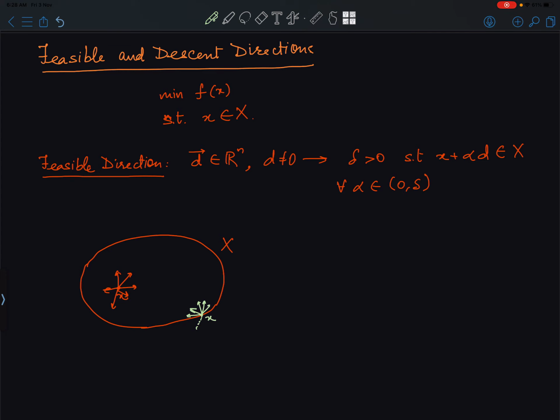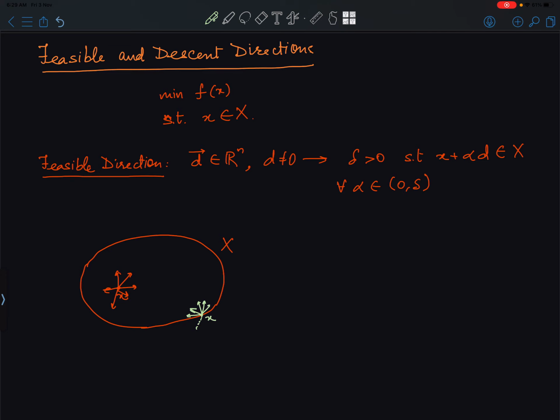So the set of all the feasible directions for this particular x is in this direction, right? I can define a feasible direction again for a particular x such that for a delta greater than 0, x plus alpha d lies within the set capital X for all alpha which lies between 0 and delta.